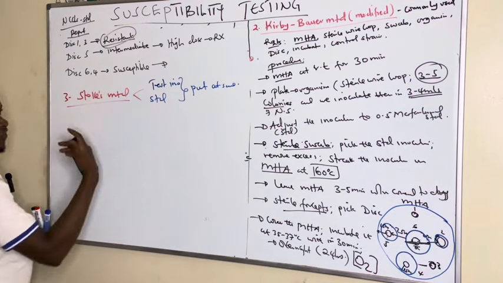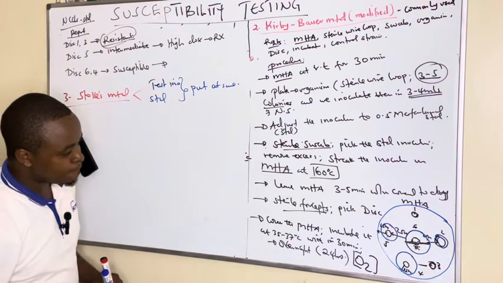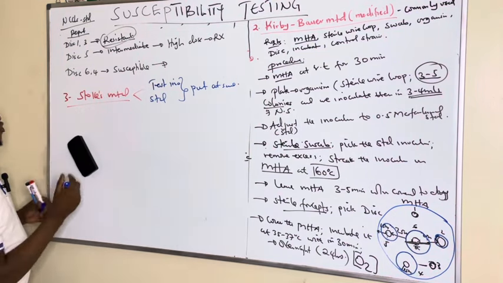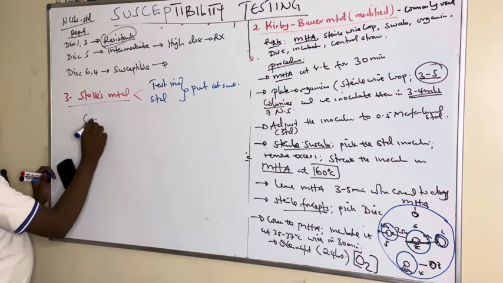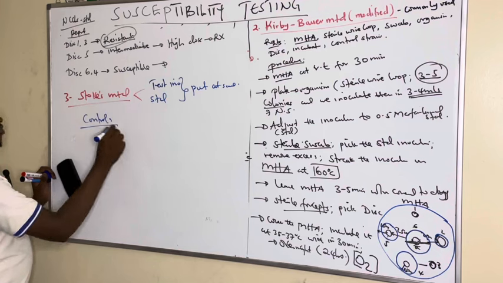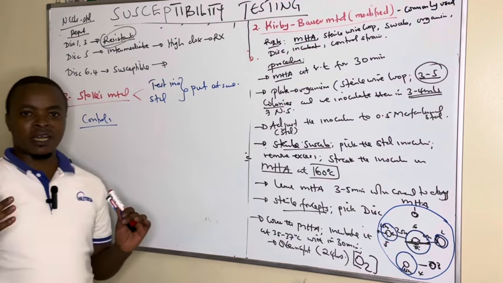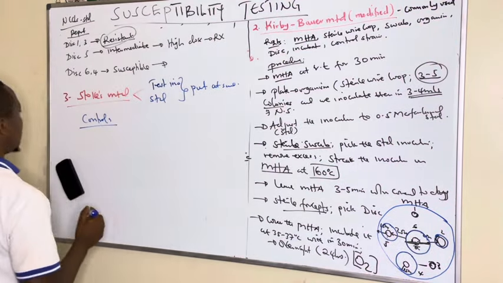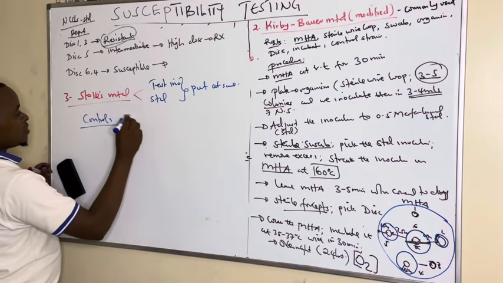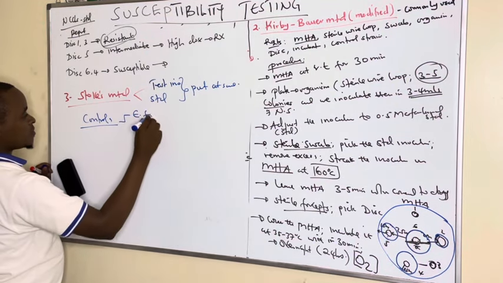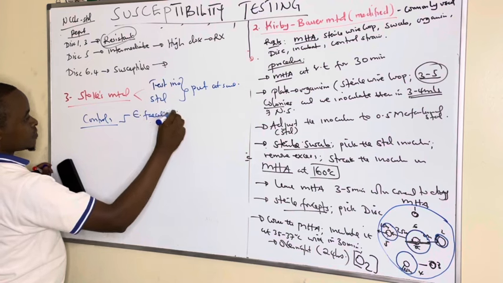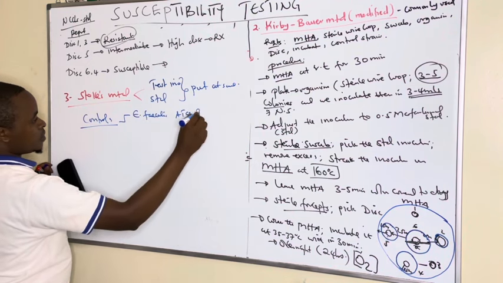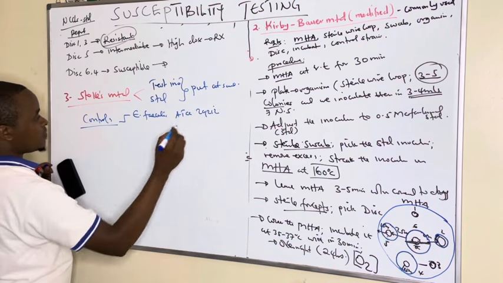But before we finish this, we are going to see that there are different controls. Controls, because everything we do in the laboratory must be controlled, and the controls we normally use are E. faecalis ATCC 29212.